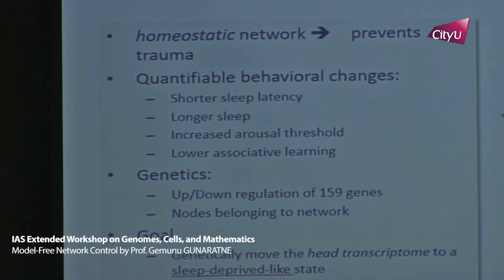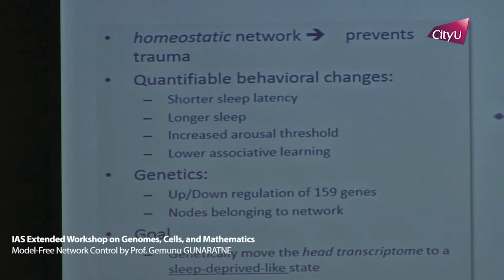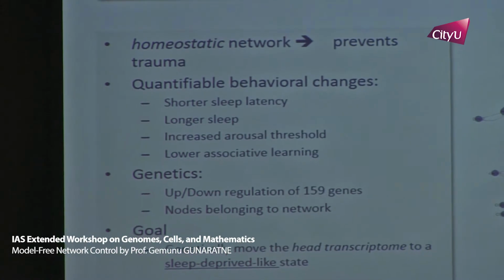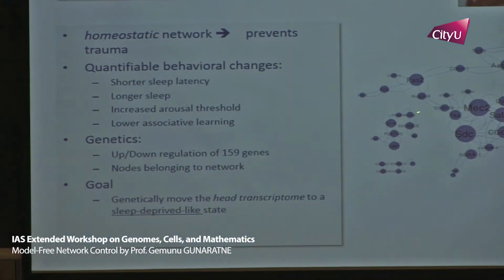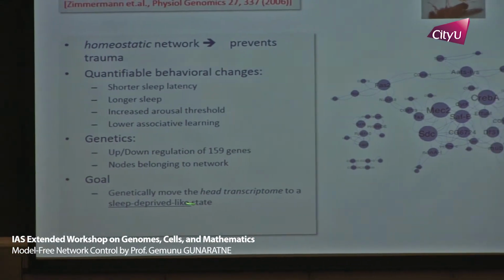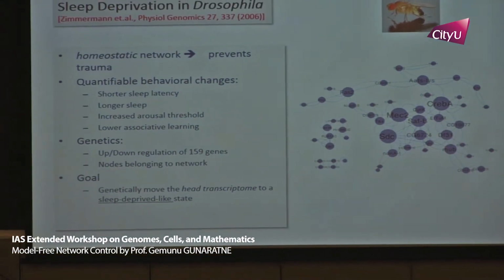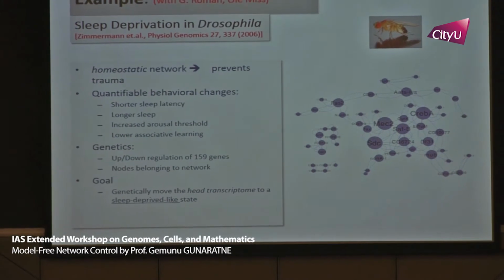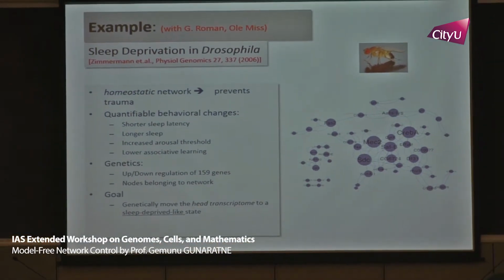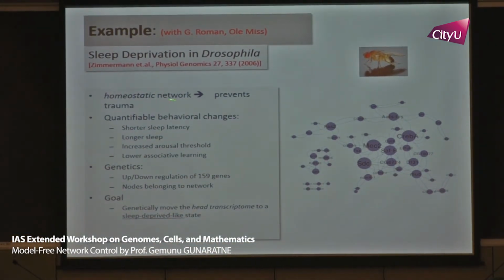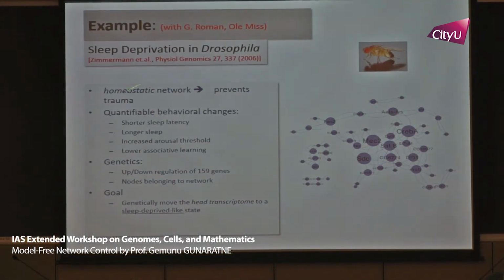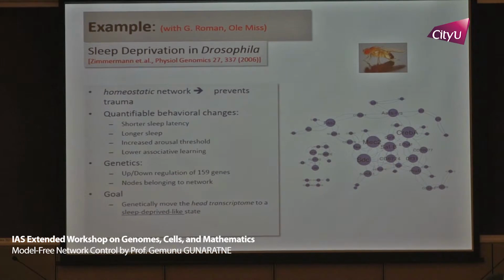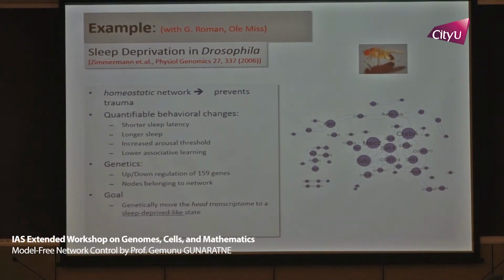The goal again, in this case, is to take some of these genes. Can you change a few of these genes to either go from sleep deprived to a non-deprived state or vice versa? And then, of course, in this experiment, we can check if these quantifiable behavioral changes are seen in the genetically modified animals as well.